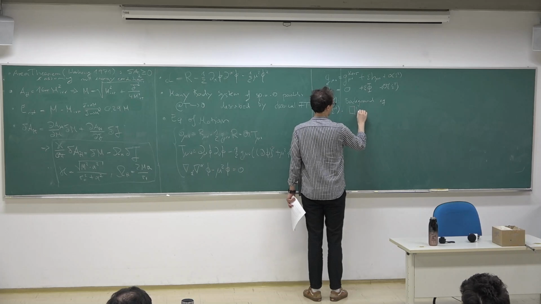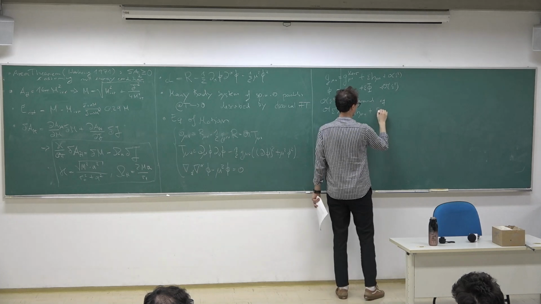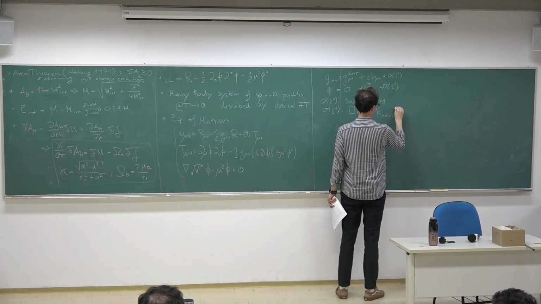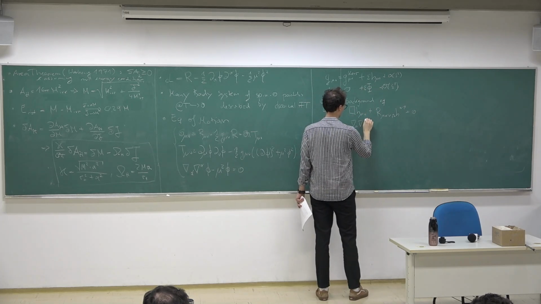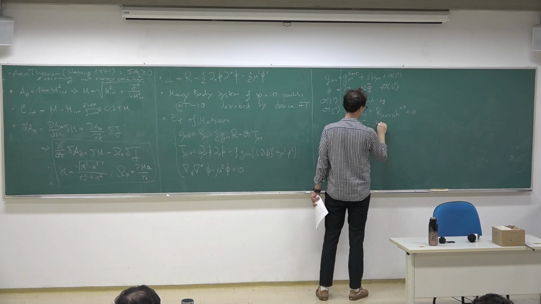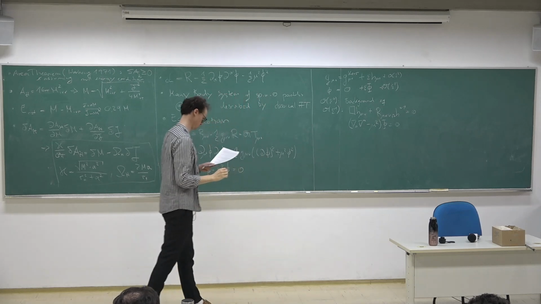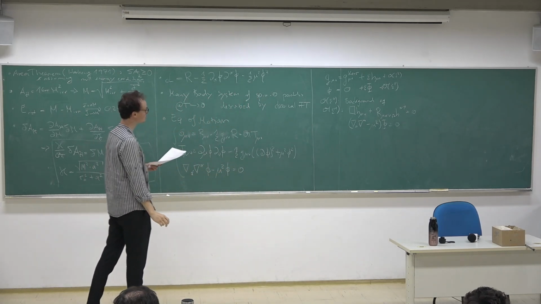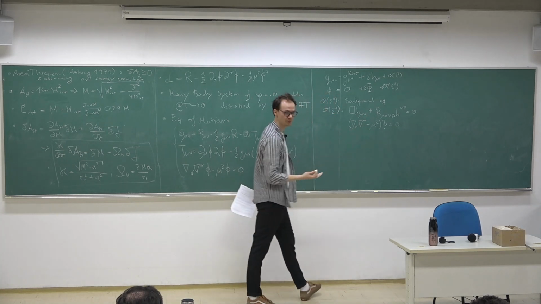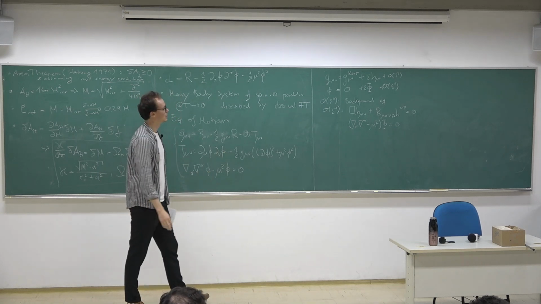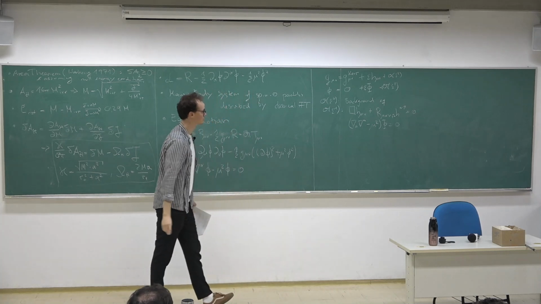Here h mu nu is just a linear metric perturbation, a linear gravitational variation, and the capital Phi is the linear variation of phi away from zero.